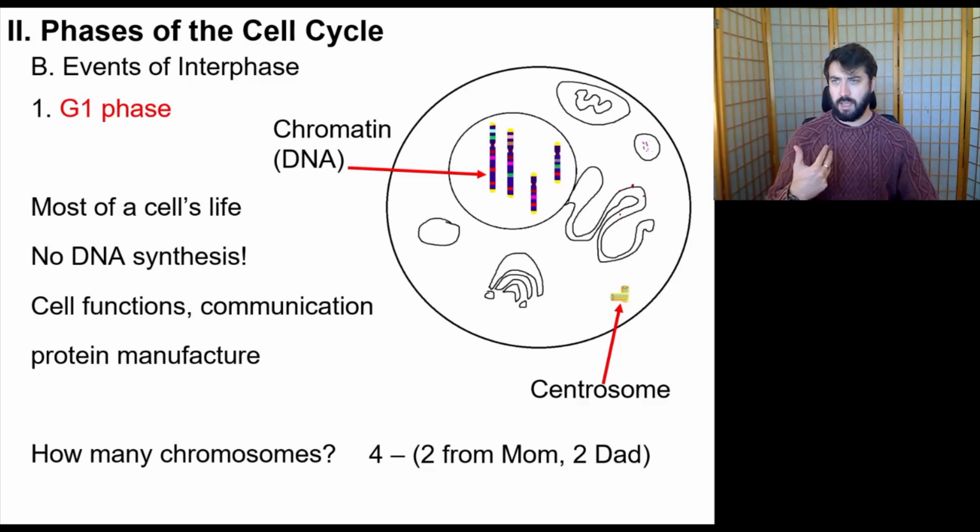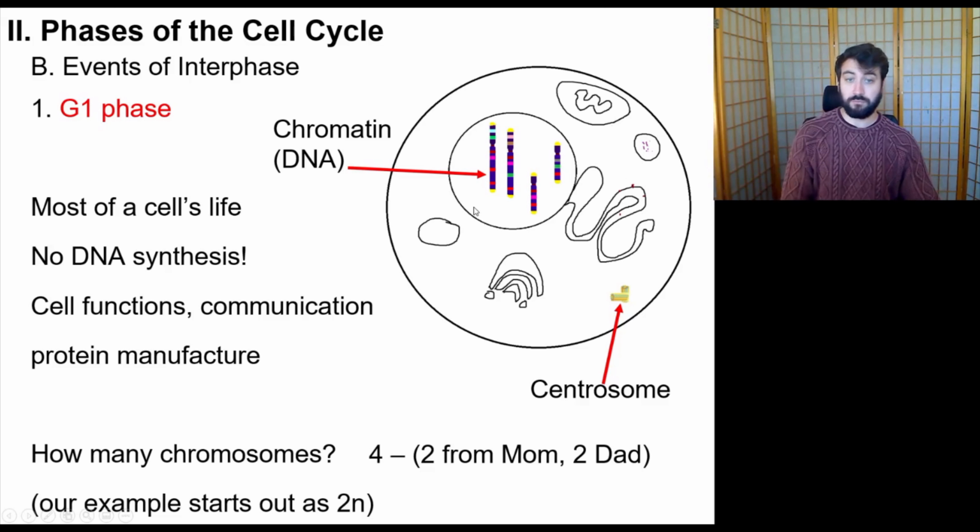So are we haploid, or N, or diploid, 2N? What do you guys think? Right, that means we're 2N here, which means our ploidy is diploid. So we want to try to keep track of ploidy throughout this whole process.